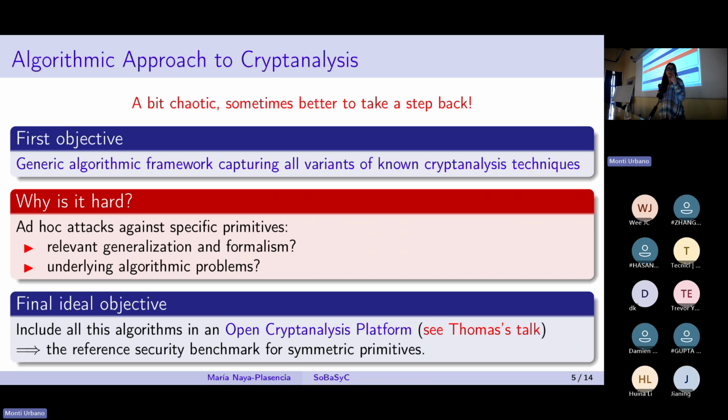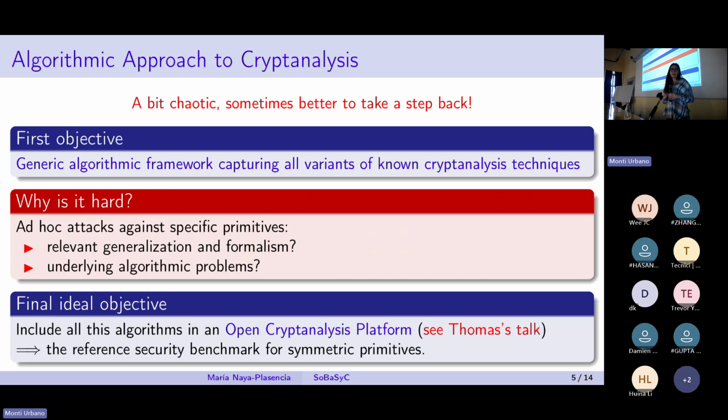And this has been hard, as we said, and the main reason is that most of the time what we obtain or publish are ad hoc attacks against specific primitives, and it's very complicated to propose a relevant generalization or formalism of these attacks, and also to understand and define the underlying algorithmic problems that could be solved more optimally.